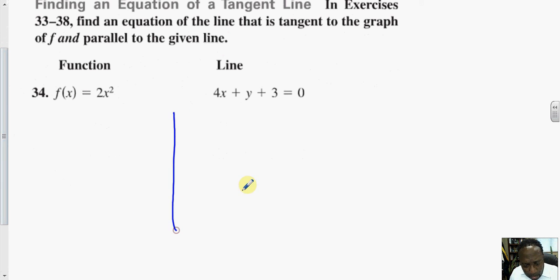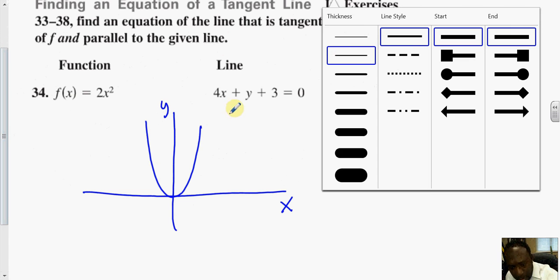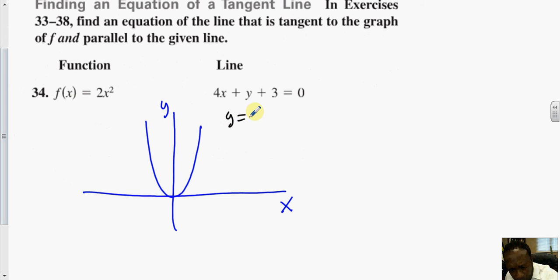Let's bring it over here. So we have this parabola, and then we have this line, and this is y equal to negative 4x minus 3. So we found the y-intercept is negative 3.